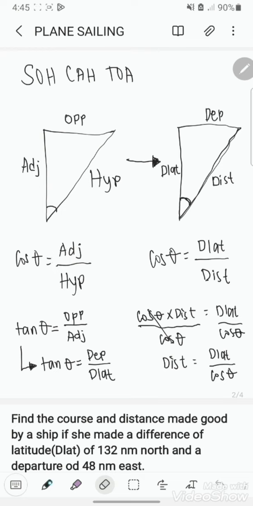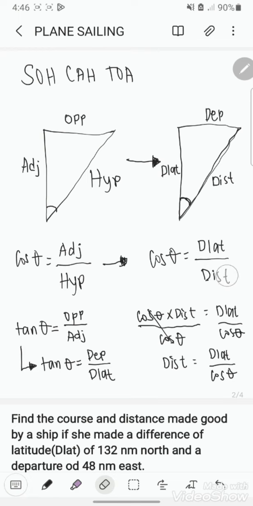And we relate it to our plain sailing. To find the cos theta, we need our dlat, or adjacent, over the distance. Using this formula, we can also solve for the distance.